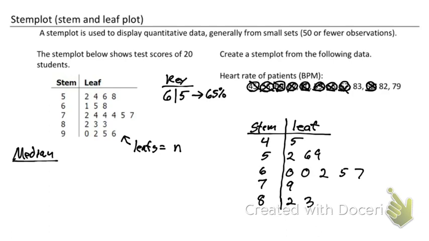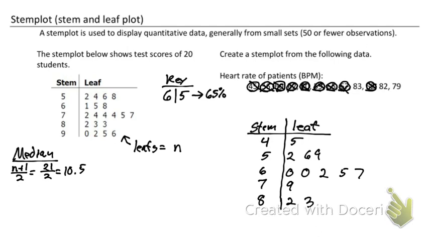what I would do is n plus 1 divided by 2. Our n is the number of leaves. We have 20 leaves, so that'd be 21 divided by 2, which equals 10.5. Then we start in either direction and count 10.5. So let's go from the start. 1, 2, 3, 4, 5, 6, 7, 8, 9, 10. 10.5 would be right here.